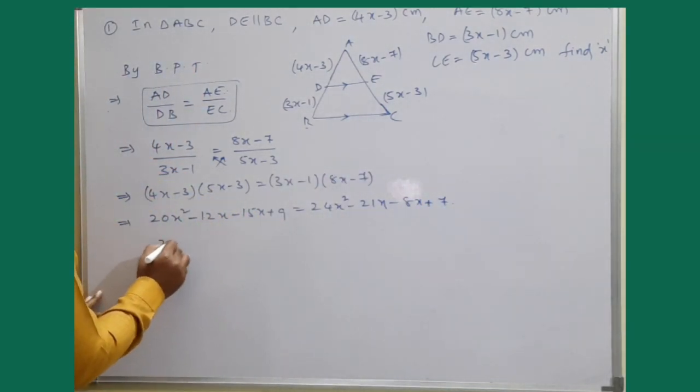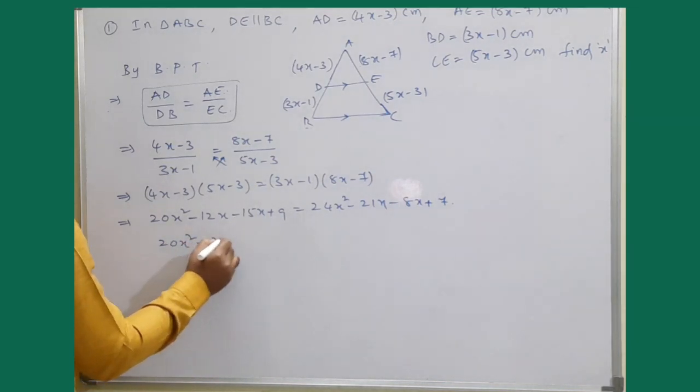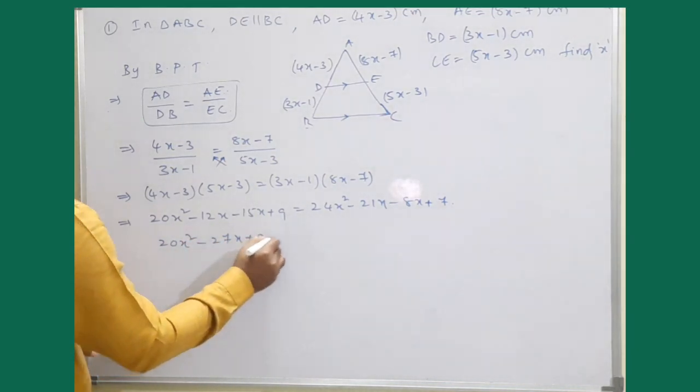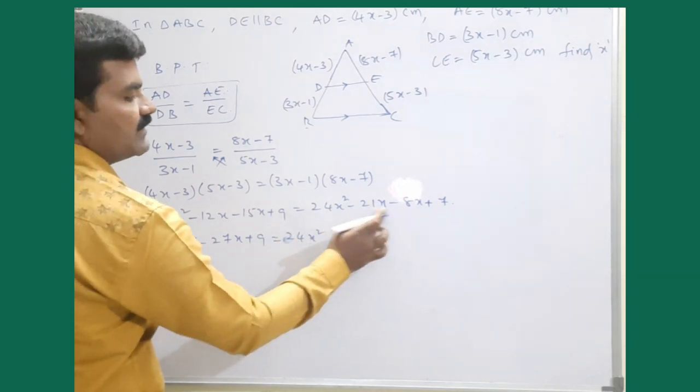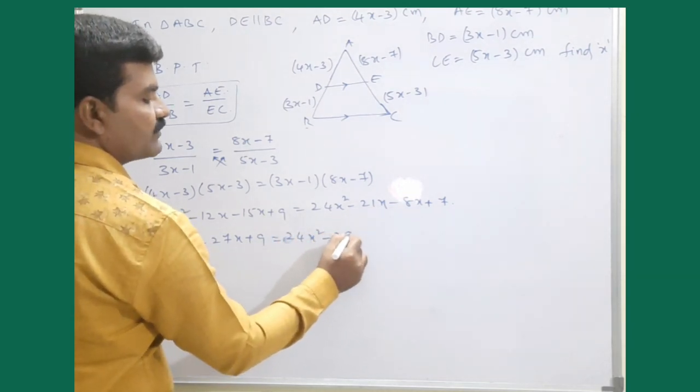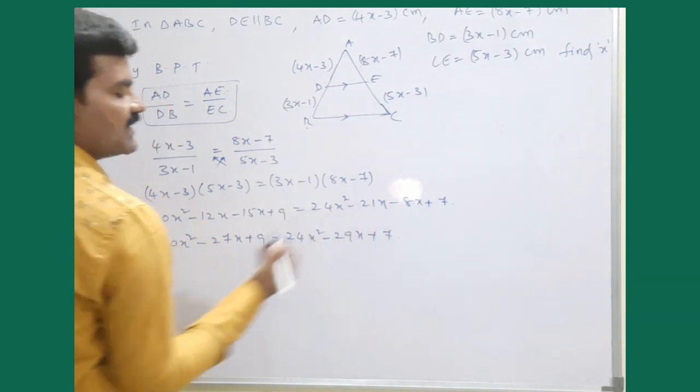So furtherly we can write it like this. And what about this? 21, 8, both are negative, minus 29x plus 7.